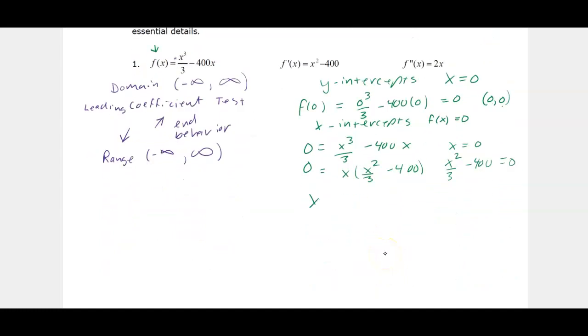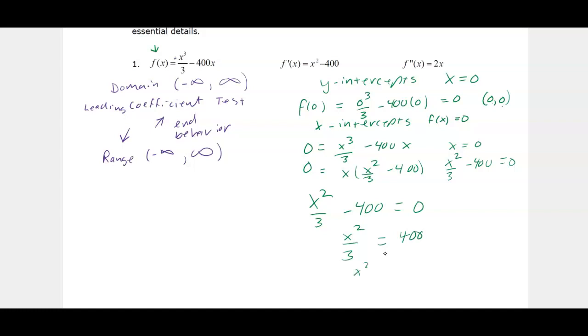How do I get x squared over 3 minus 400 equals 0? Well, I can do this. I'm missing a middle term, so I can use the quadratic formula with b is 0, ax squared plus bx plus c. Or because that middle term is missing, I'm allowed to use this idea that I isolate the variable.